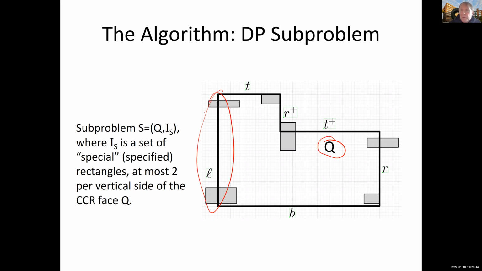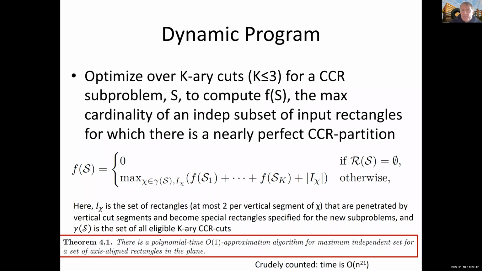And then we optimize over all possible k-ary cuts, k at most 3, so there's only a constant number of things to check, and you get the recursion that sets up a maximization over so-called eligible k-ary CCR cuts, and sums the number of independent rectangles in each of the subproblems. So that leads to the main theorem that there's a polynomial time constant factor approximation.